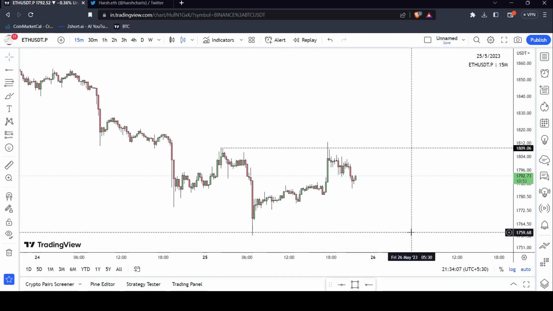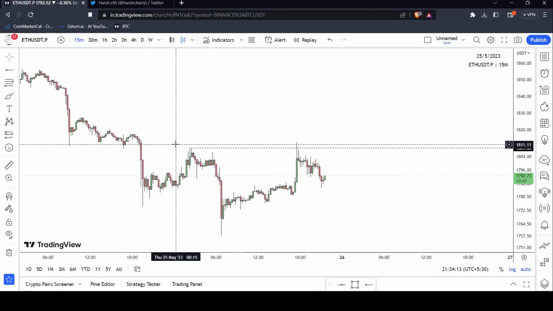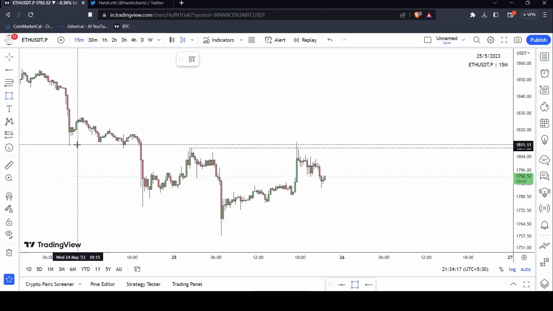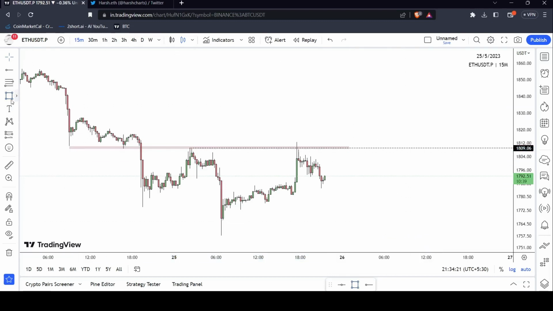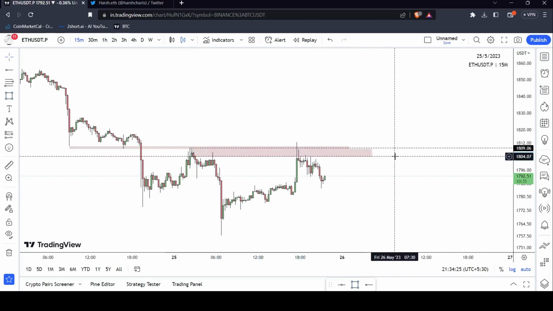Then I need some confidence to enter a short position, right? So I will start looking for some resistance or some point of interest. As I can see here, we have this resistance zone right here and this demand candle, or you can say point of interest, right here.